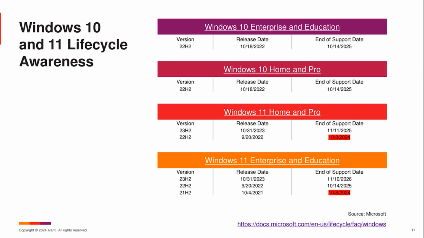Starting next month, no security updates if you're on the Windows 11 Home or Pro for 22H2 and Windows 11 Enterprise and Education 21H2. So be aware of that and make sure that if you have any stragglers, any final systems you need to get moved off of there, you get those wrapped up between now and next month to make sure that you don't get disrupted for security updates.